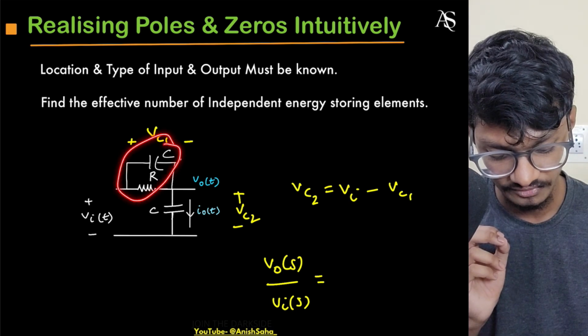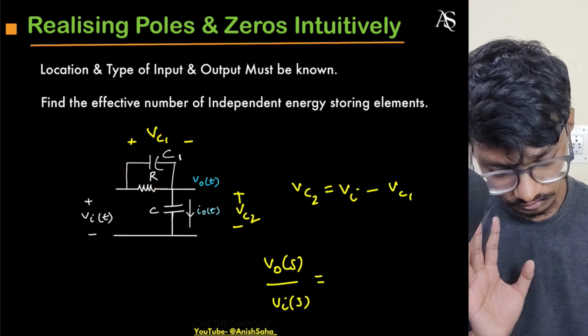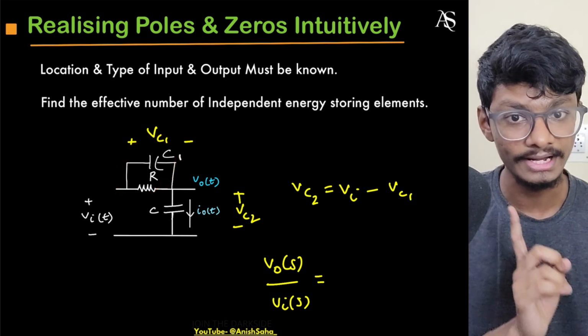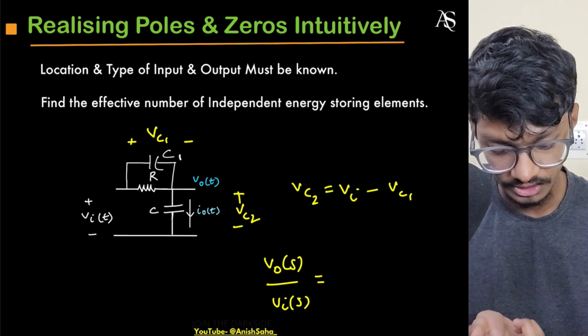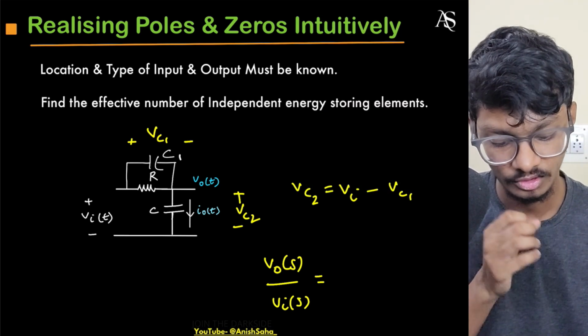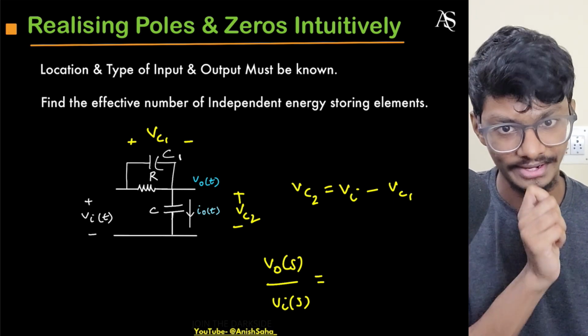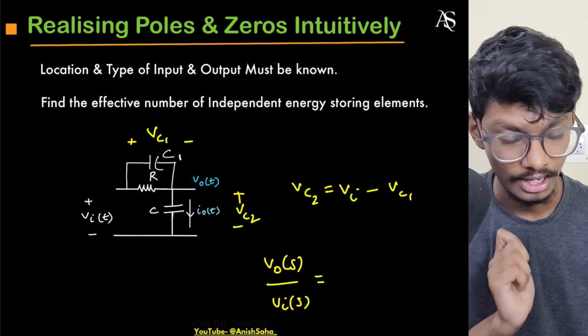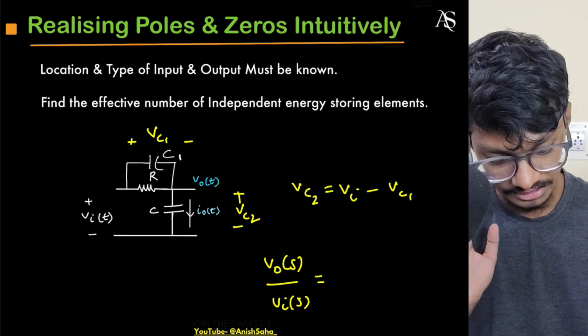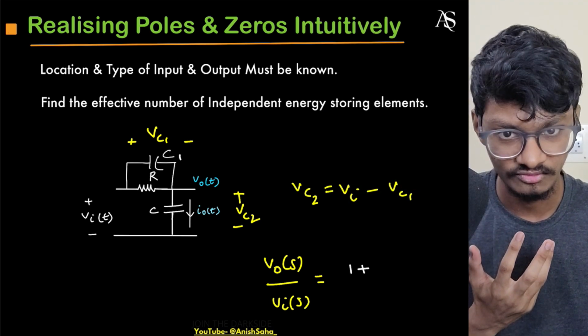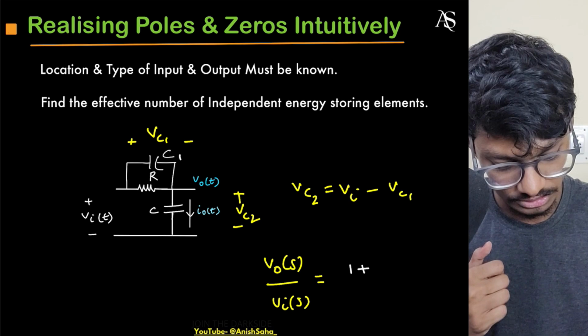If this goes to infinity, there will be a zero. But that zero is not at s equals 0, so I'm not interested in that. Although you can compute it: when 1 by SC1 equals minus R, that is s equals minus 1 by RC1, then I will get a zero. I'm not interested in that, so I will directly write it in the simple Bode format, the standard format that we write.